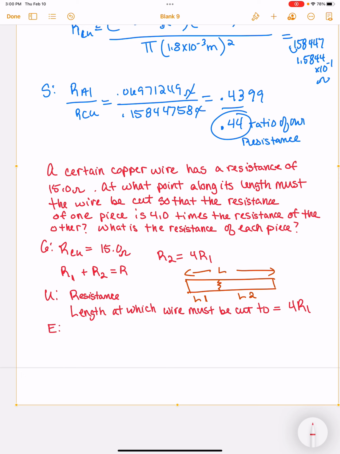And then our equations, well, we have our equation for resistance, which is the resistivity times the length divided by the area. And again, we're dealing with a wire here, so our area is equal to pi r squared, which is equal to pi d over 2 squared, which is equal to pi d squared divided by 4.